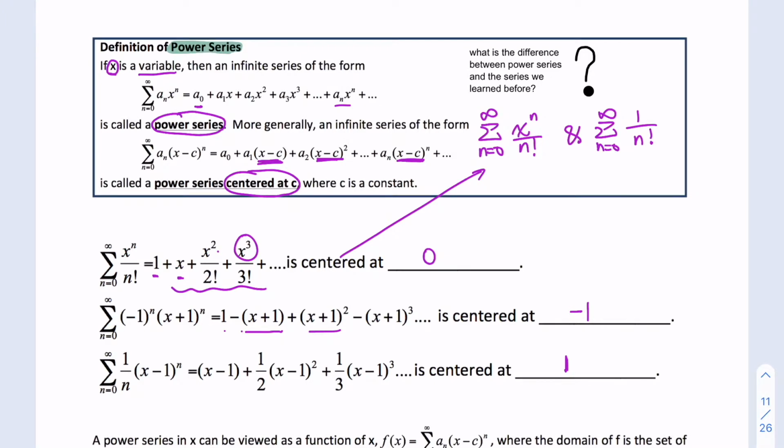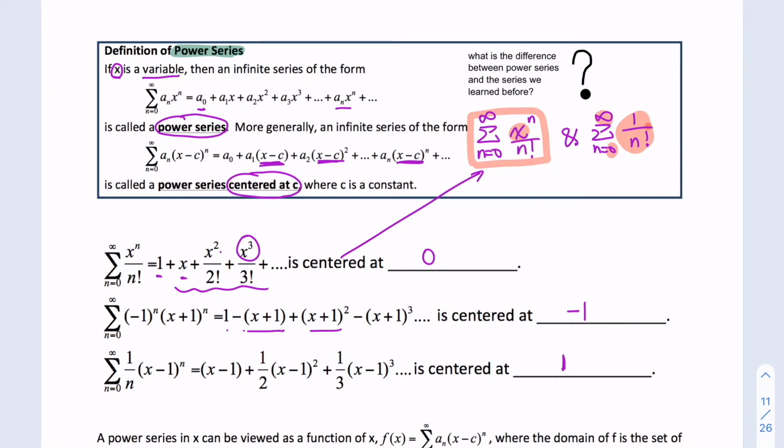If you look at here carefully, in the series we learned in part 1, there's only one variable changing, n goes from 0 to infinity. And here, in power series, x can also be a variable. So x can be 0, give you one series, x equals 1 give you a series, and x equals 2 give you a series. So the series we learned in part 1 is when we plug x equals 1, which gives us the series.